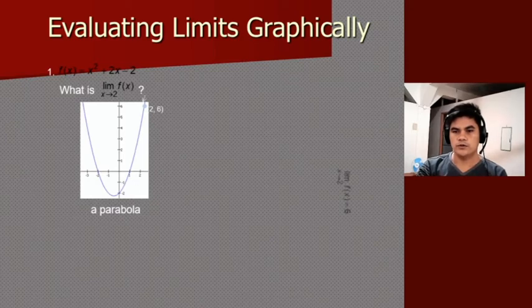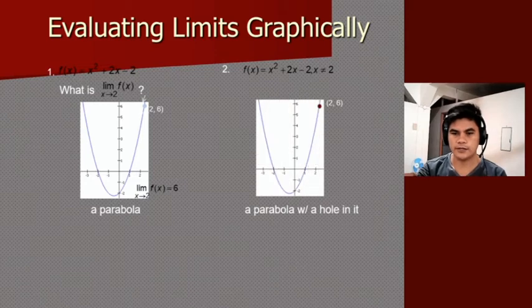So, as x approaches 2, the limit is 6. Look at the graph. This is 2, right? As x approaches 2, then f of x is 6. This point here is (2, 6). That is why the limit of the function x squared plus 2x minus 2 as x approaches 2 is 6.